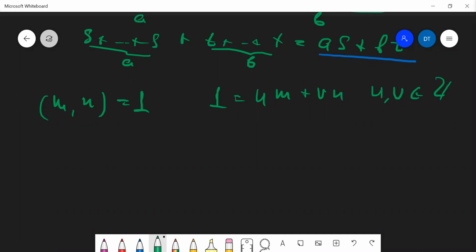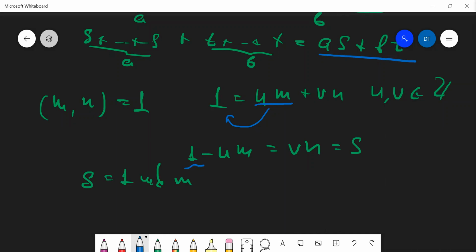Okay, now let's take this part and move it to the right-hand side. You will get 1 minus um is equal to vn. And I want to denote this number by s. And now, as you can see, s is equal to 1 modulo m because of this part.